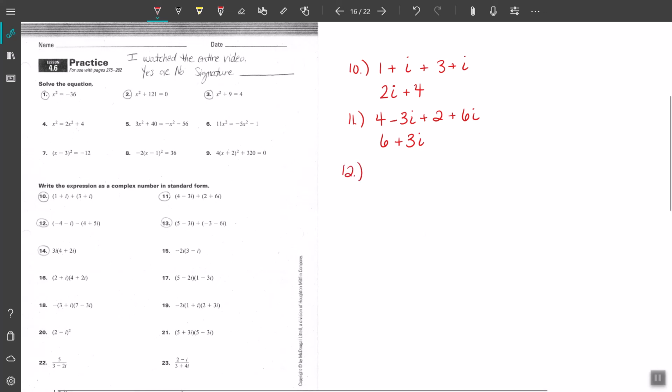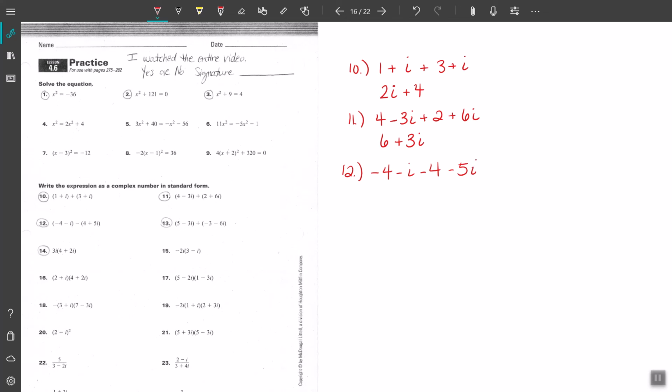Number 12, same thing. We will drop the parentheses. However, we have to recognize the fact that this is subtracting the 4 and that 5i. So we in effect have to change the signs on everything in that second parentheses. It is minus 4 and then minus a positive 5i, which in effect is minus 5i.